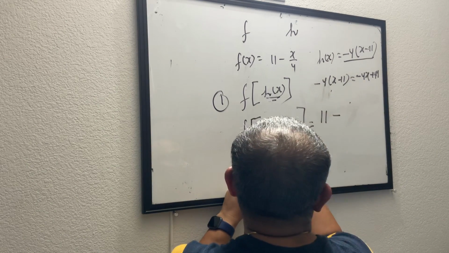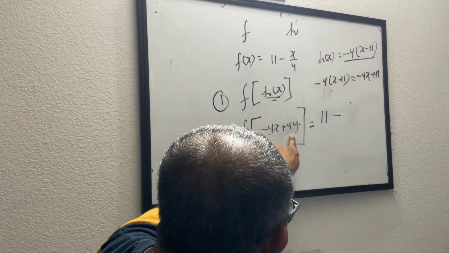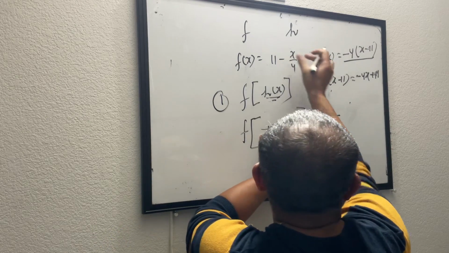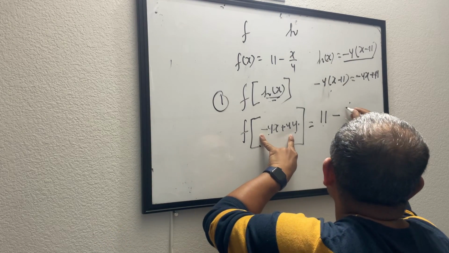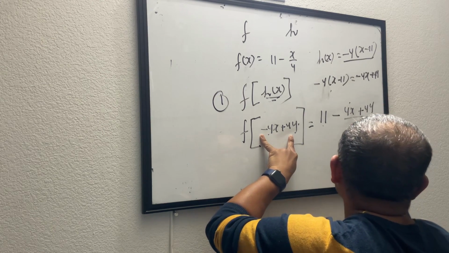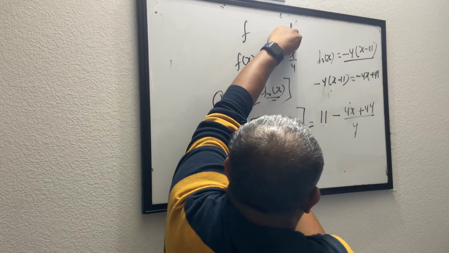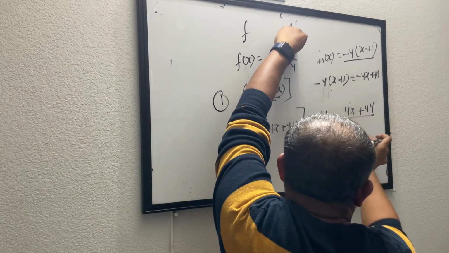Minus 4x plus 44. This is my input. So whatever is my input, it goes here. So 11 minus 4x plus 44 divided by 4. I am plugging my input here, divided by 4.